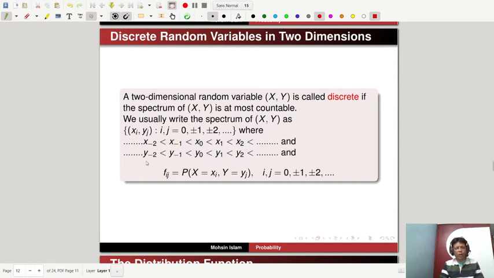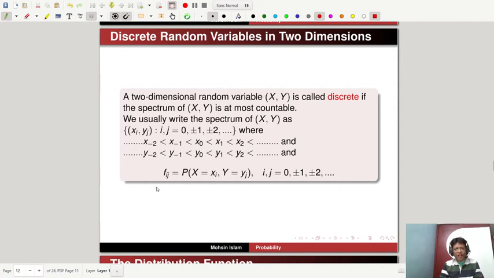This is y-2, y-1, less than y0, less than y1, less than y2, etc. So there are actually two variables, two spectrum points. The spectrum of (X, Y) is given by (xi, yj), with i, j equal to 0, plus or minus 1, plus or minus 2, etc., at most countable.